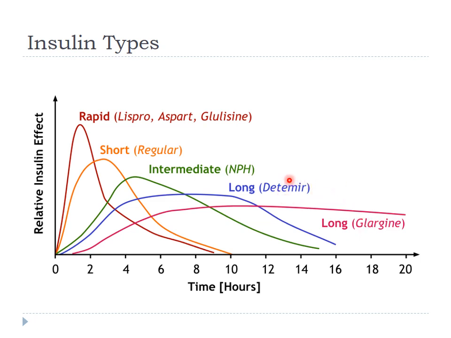Once a day for Lantus because it's 24 hours, twice a day for Levemir because it works for 12 hours, and then every time you eat, you take rapid. Okay, that would be the ideal way for an injector to use their insulins.